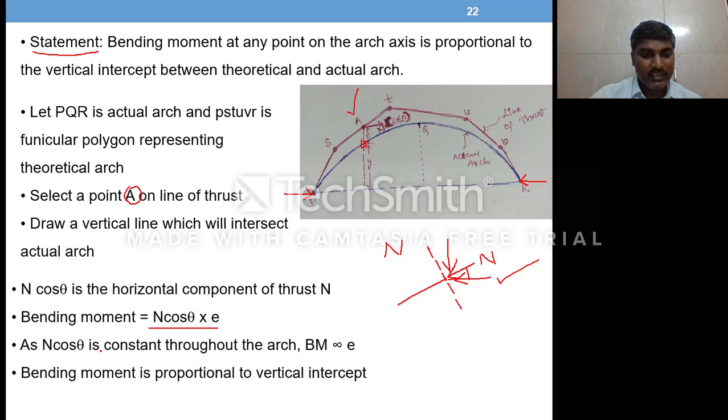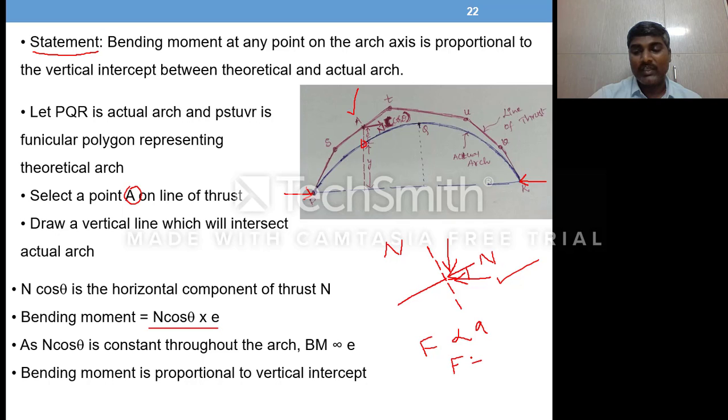That is why this statement is given: N cos theta is constant throughout the arch, meaning wherever you take a section in the arch, N cos theta is always equal to H. When N cos theta becomes constant, then by removing the equality, bending moment is proportional to E. To understand better, consider that force is proportional to acceleration, a well-known relation.